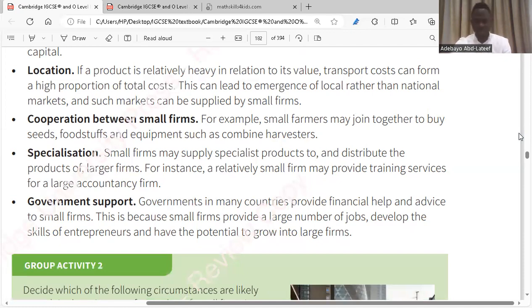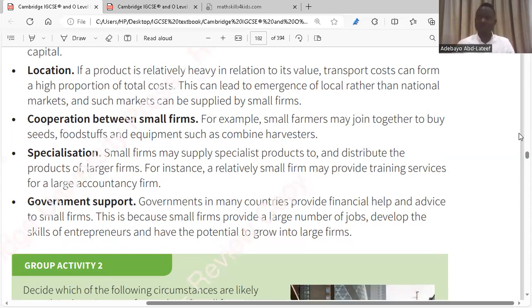Cooperation between small firms. For example, small farmers may join together to buy seeds, foodstuff, and equipment such as combine harvesters. So if firms feel that they can come together for production, they will do so, and they will remain the way they are. If firm A thinks that firm B can help out when there is an increase in production, then there's no need to expand.